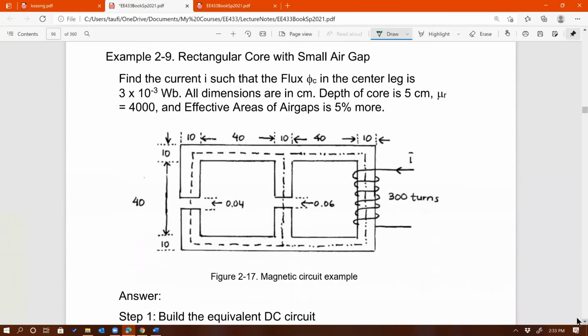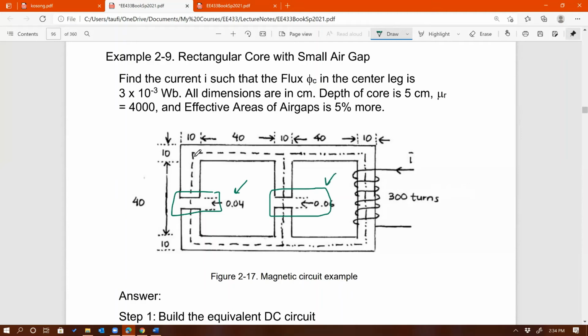Any questions, by the way? No? All right. So then here's an example. I'm going to do this quickly because we stop at 3, I believe. Here's the example where we have a core with air gaps. All you need to do is introduce another R for this air gap and another R for the middle air gap, and the rest is going to be the same as before.